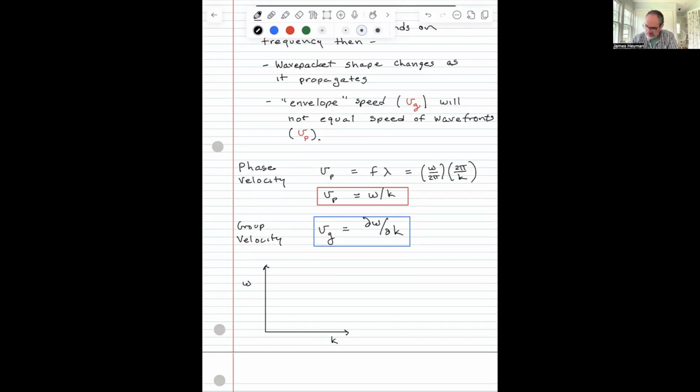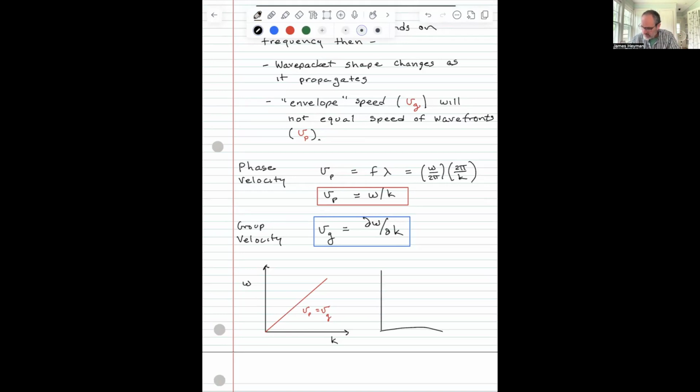And what we'd find is that if omega is proportional to k, as it is for light waves or ordinary sound waves moving through air under most conditions, then this would look like a straight line. And you can see immediately that in this case, the phase velocity and the group velocity would be the same. Okay? And since that describes most of the waves that we come into contact with, sound waves and light waves, it seems very natural that there should only be one velocity.